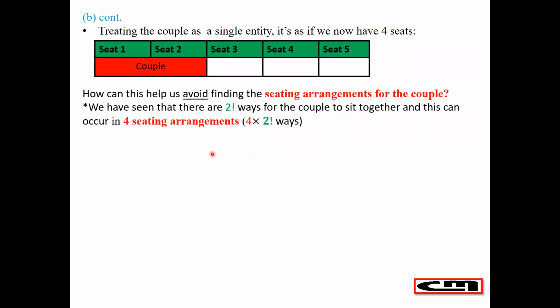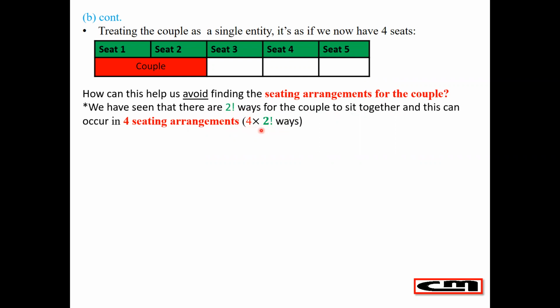First, let us understand that we have seen that there are 2 factorial ways for the couple to sit together, and this can occur in 4 sitting arrangements. That means the number of ways now we can position the couple is 4 for the 4 sitting arrangements times the 2 ways each arrangement is going to happen, right?